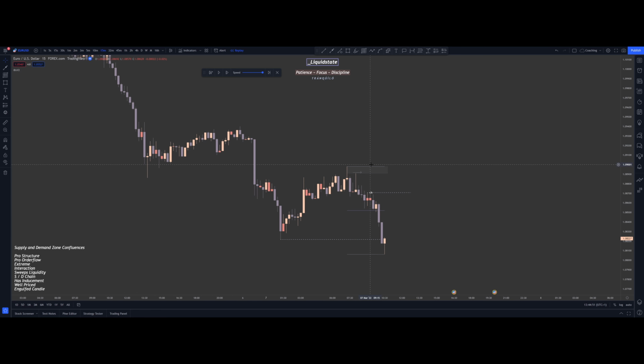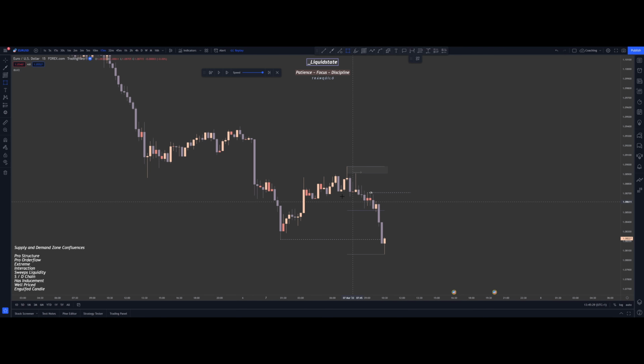Pretty simple concept, but very complicated by the supply and demand sector, I suppose, or SMC, whatever you want to call it. It's simply a point of liquidity resting under or above your POI of choice that you want to trade off. So that's extreme. Now, interaction would be a supply and demand interaction.